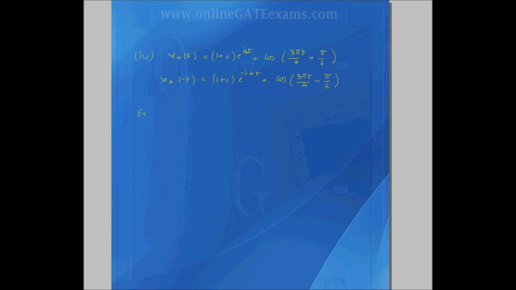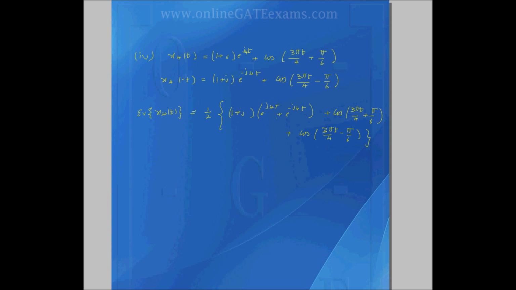So what is our even part of x4 of t? That will be equal to 1/2 times (1 + j) is common, into [e^(j4t) + e^(-j4t)] plus cos(3πt/4 + π/6) + cos(3πt/4 - π/6).